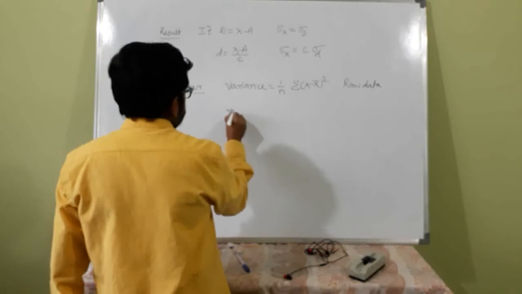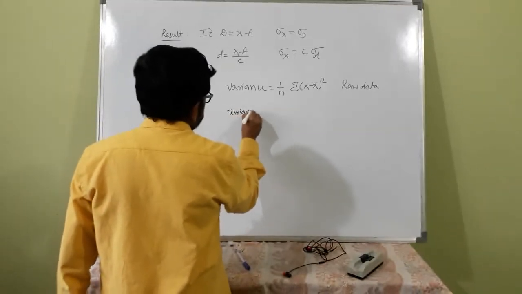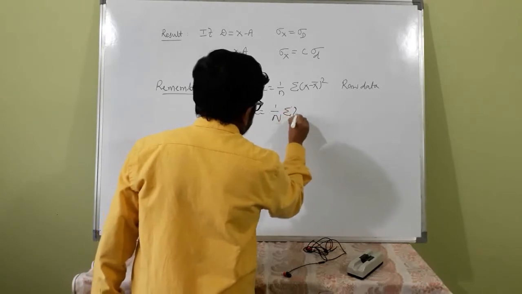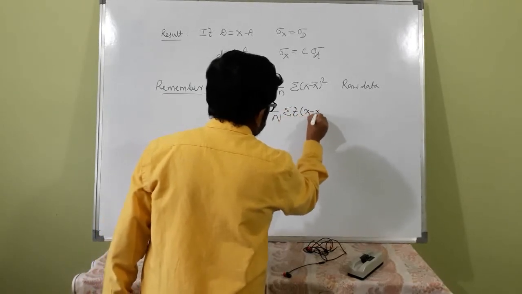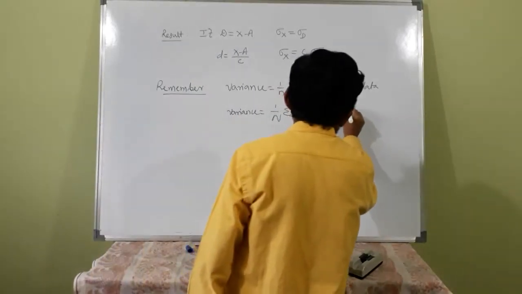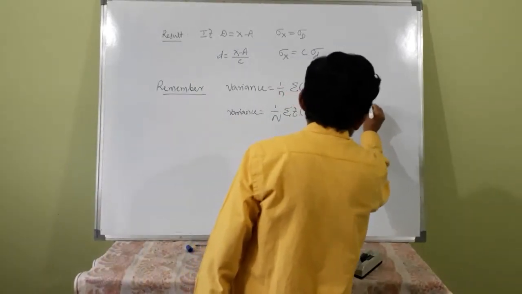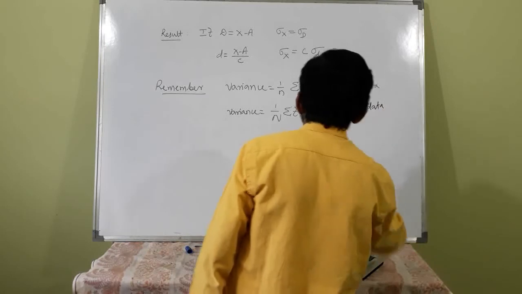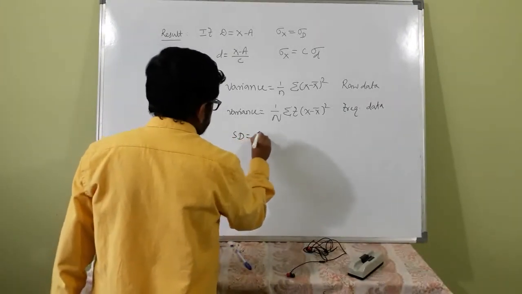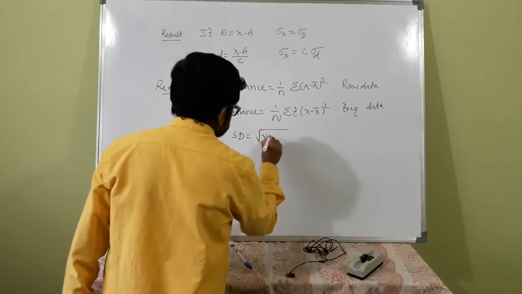This variance is 1 by capital N into summation f into x minus x bar whole square. This is for frequency data. And standard deviation is square root of variance.